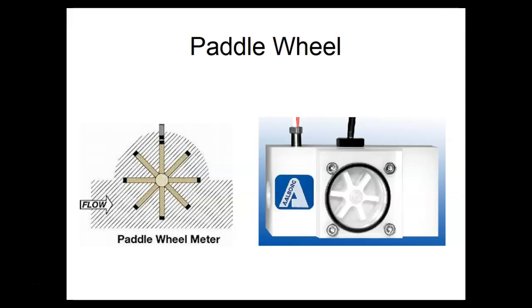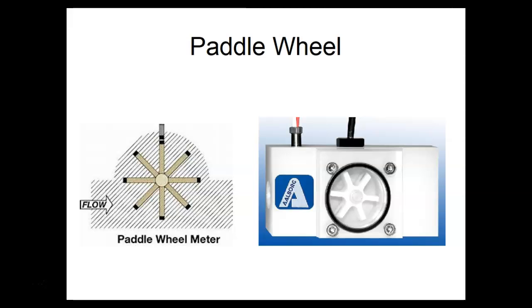So this one would be digital, or it could be analog, depending on what this thing is turning. This is called a paddle wheel. It's pretty obvious the way this works. Flow comes in, strikes one of the paddles, the wheel spins, and the rate it spins gives us an indication of speed.